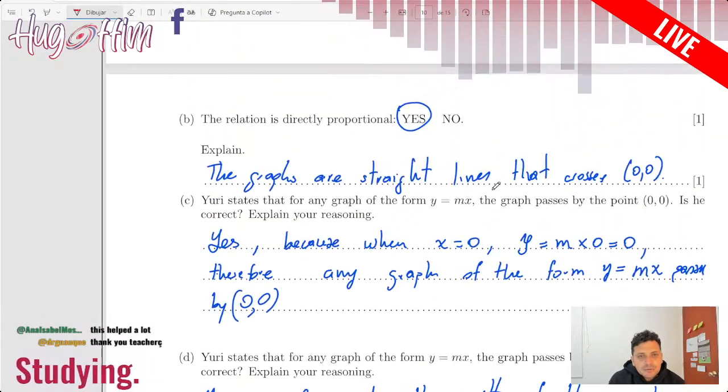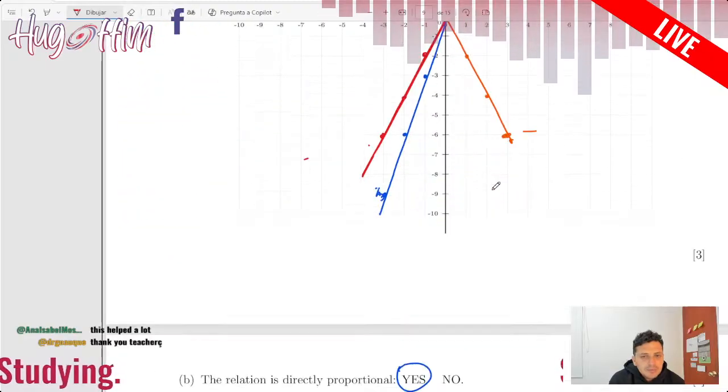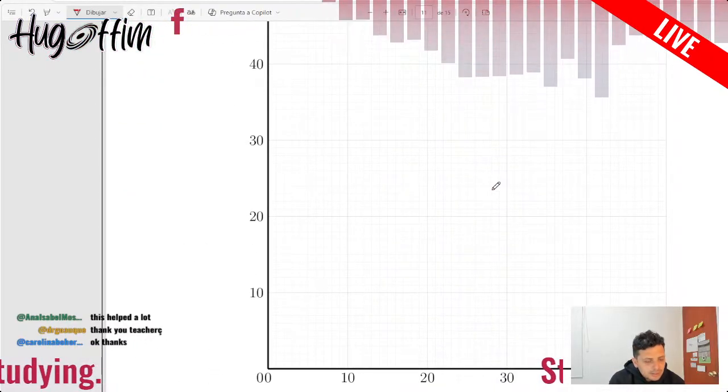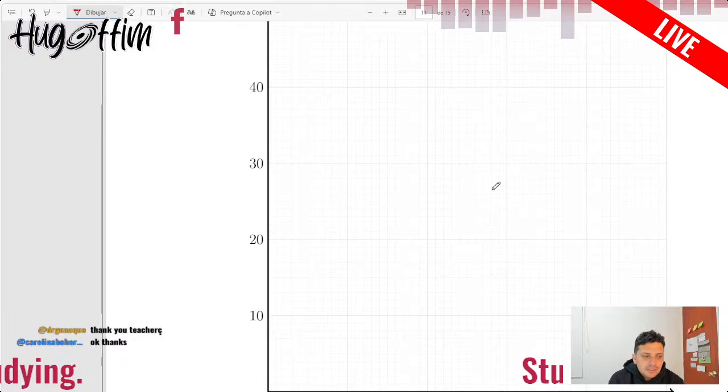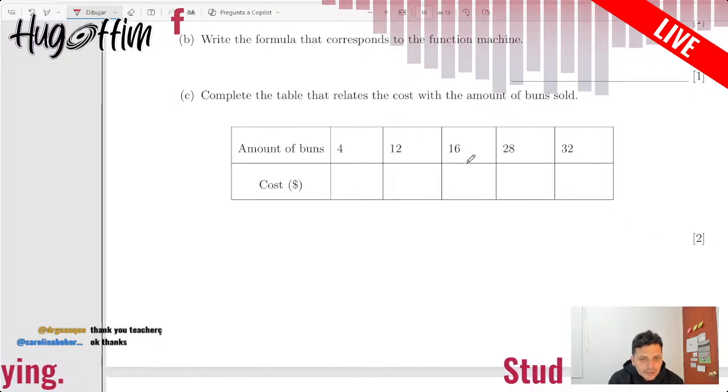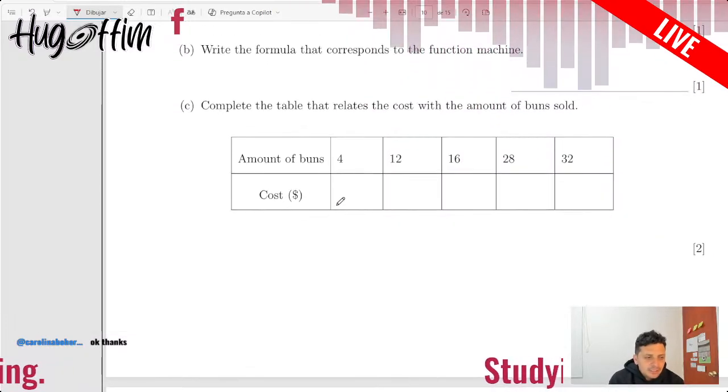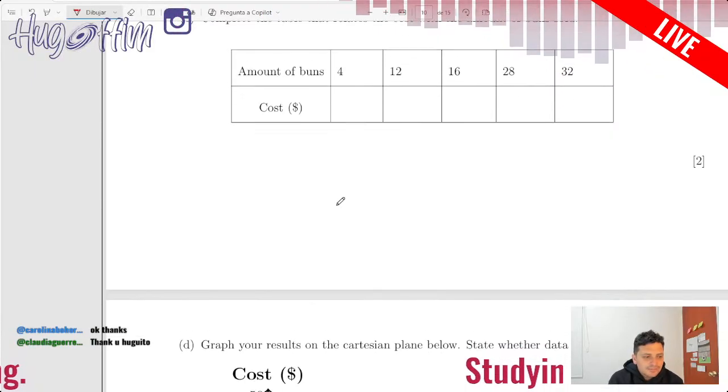If you understand how to do this one, you must be able to do this one. You must be able to do the graph if you have the data here. Come on, 15D. No time to do it.